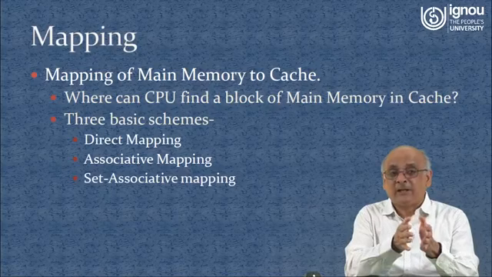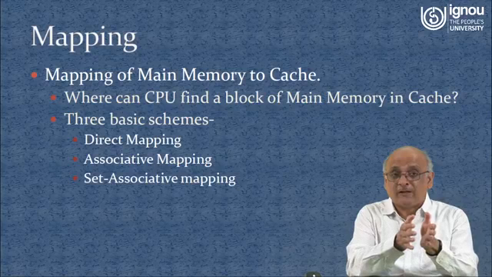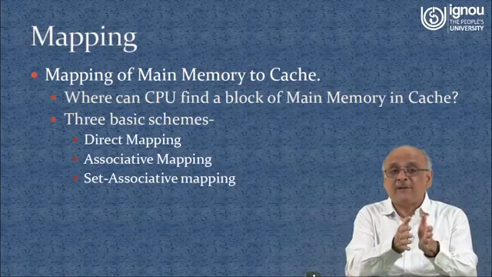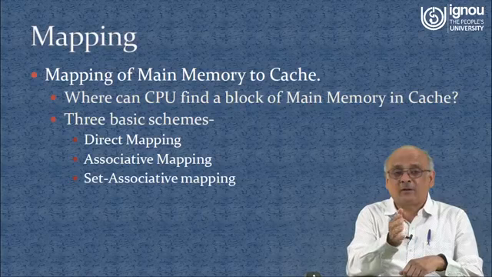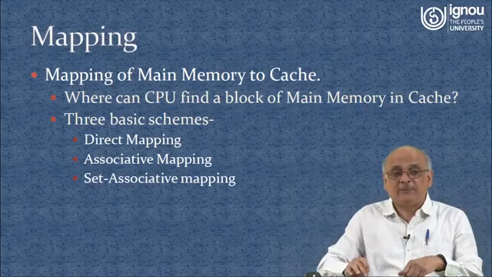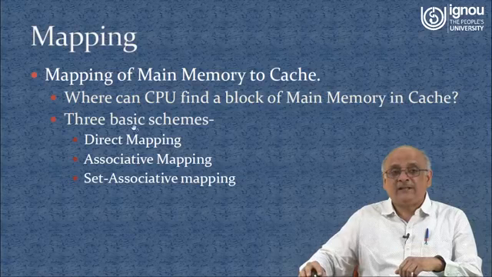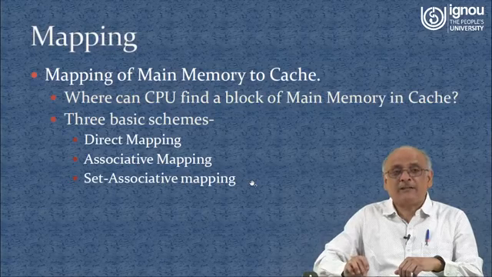It may not be in the cache memory at all, but if it is, how will we find out that this particular address or main memory word is in what portion of cache memory? That is why we need the direct mapping scheme, associative mapping scheme, and set associative mapping scheme.